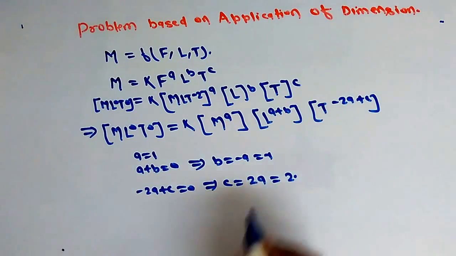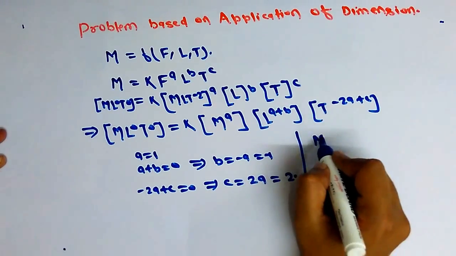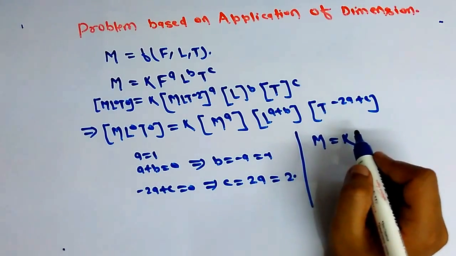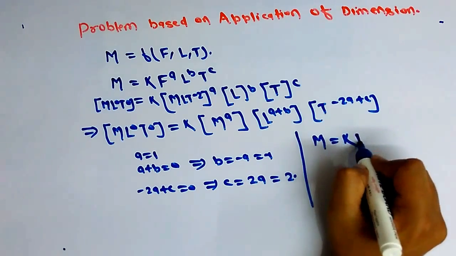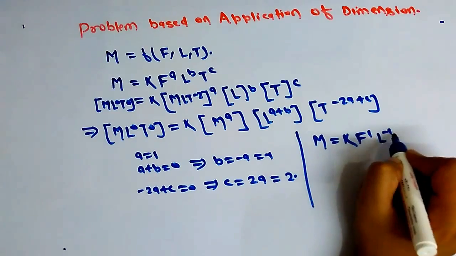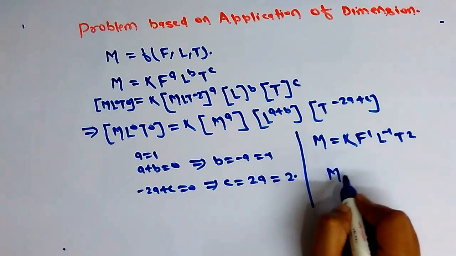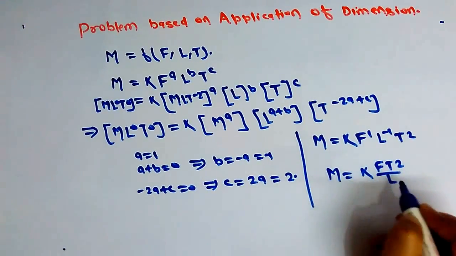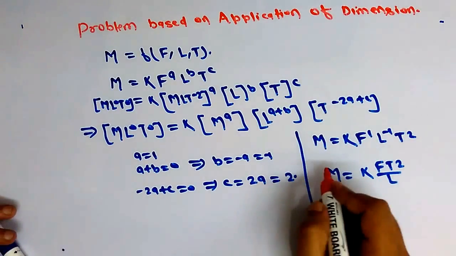So m is k f raised to a, with a equal to 1, l having power minus 1, and t having power 2. So the formula generated here is m equals k f t squared upon l. This is the formula we got here.